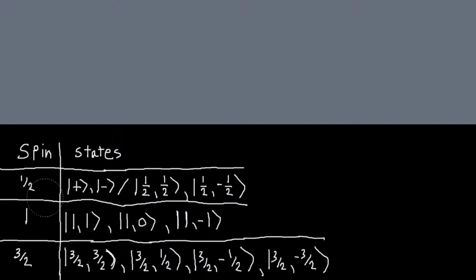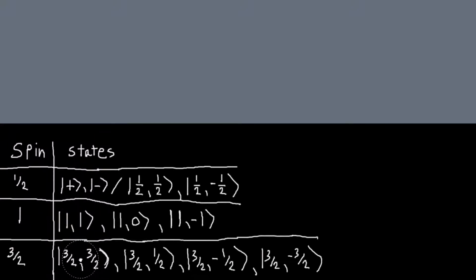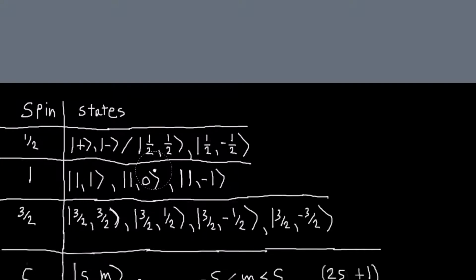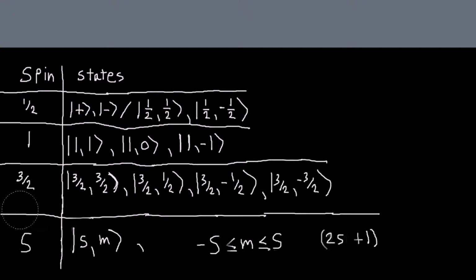For spin 3/2, we have 4 states, and that would range from, again, total angular momentum 3/2, and the z component ranges from 3/2 to 1/2, minus 1/2 to minus 3/2. And of course, we can write down a general expression for a spin s system.